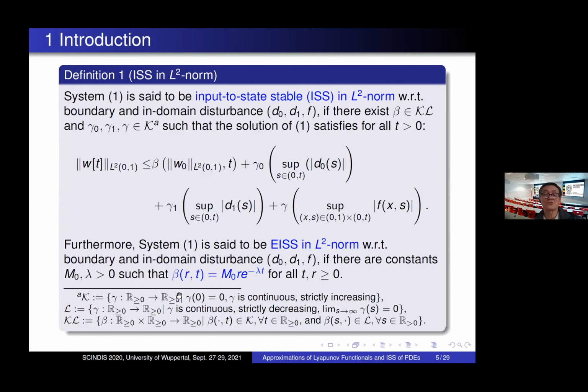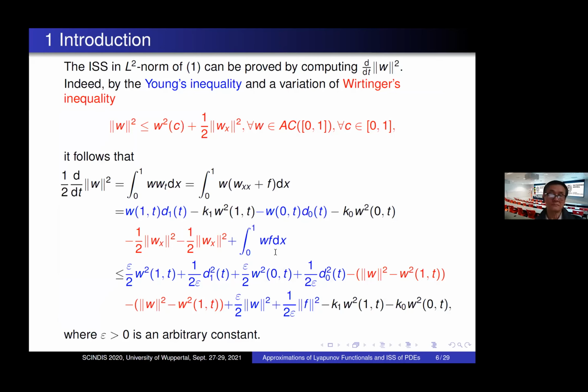We can also show that beta decays exponentially, so it is actually exponential ISS. To prove these results, we consider these Lyapunov functionals and compute their time derivatives. What we need is Young's inequality, a standard tool in Lyapunov analysis, and we also use a version of Wirtinger's inequality given below. So these are the two inequalities we are going to use.